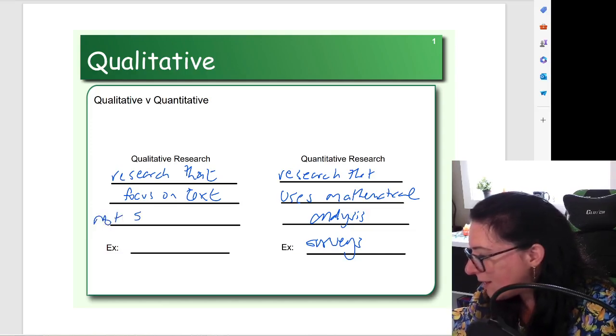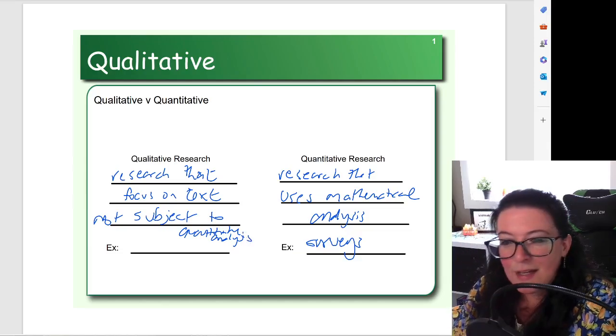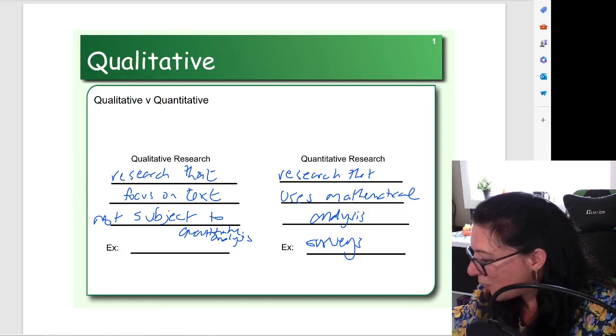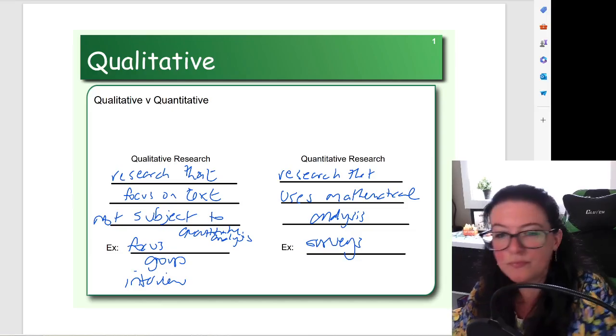So quantitative is the math, so qualitative is not the math. So here we're looking at text and we're looking at themes, and examples of qualitative research are going to be the focus groups that we talked about before and the interviews we're going to talk about today.